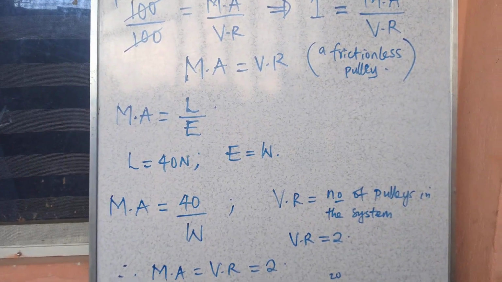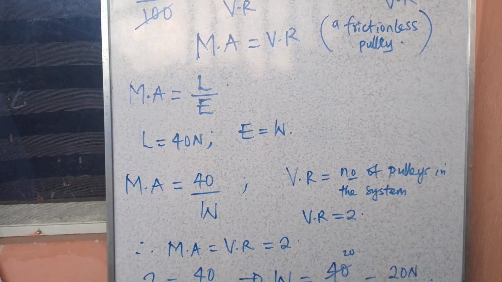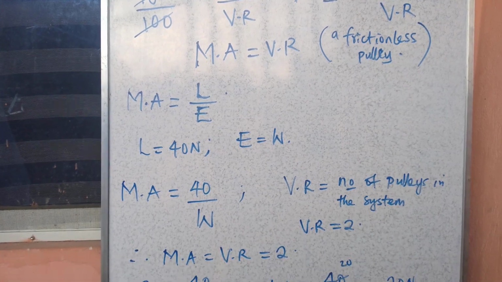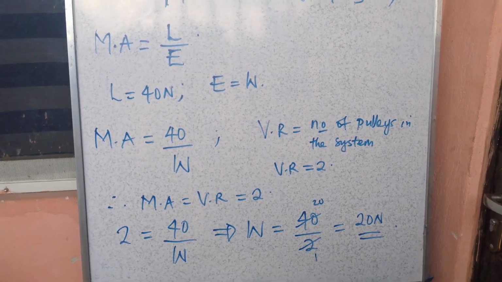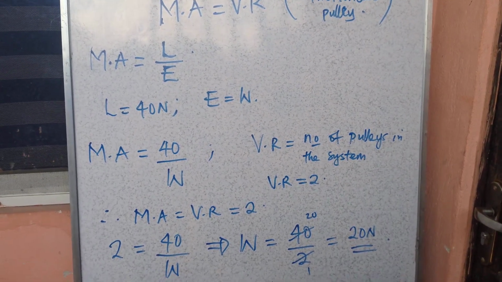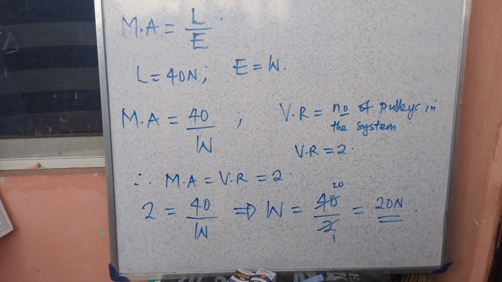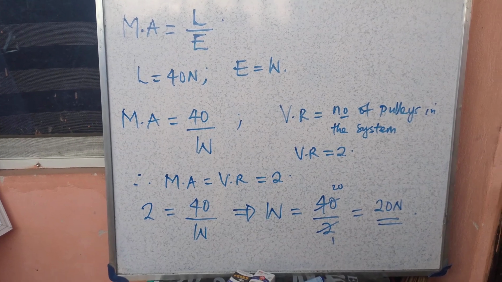Also we know that the mechanical advantage is load over effort, and the load is 40 Newton. The effort is W, which is unknown. So in place of load I write 40. That's 40 over W. Also the velocity ratio is equal to the number of pulleys in the system. In that diagram we had two pulleys, so the velocity ratio is 2. So the mechanical advantage equals the velocity ratio, which is 2.